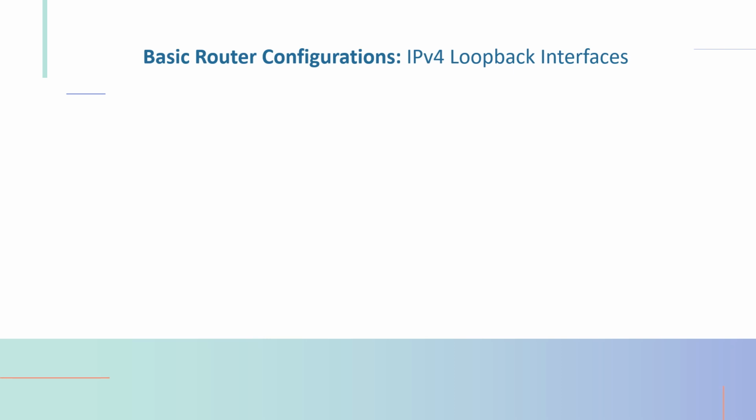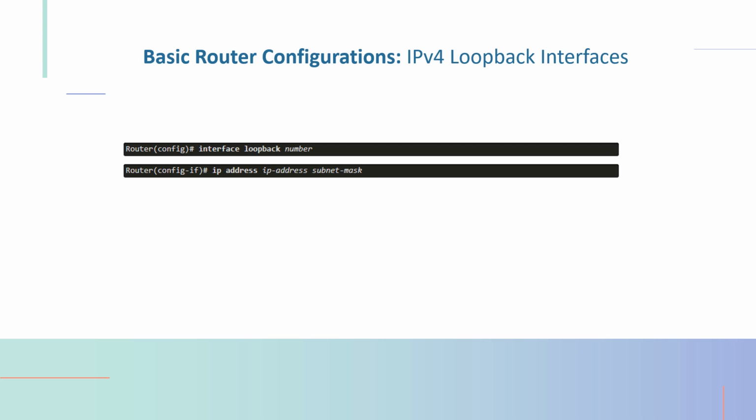To enable and assign a loopback address is very simple. When you are in global configuration mode, by using the command interface loopback followed by a number, you will be able to enter the loopback interface, and here you will be able to configure the IP address.